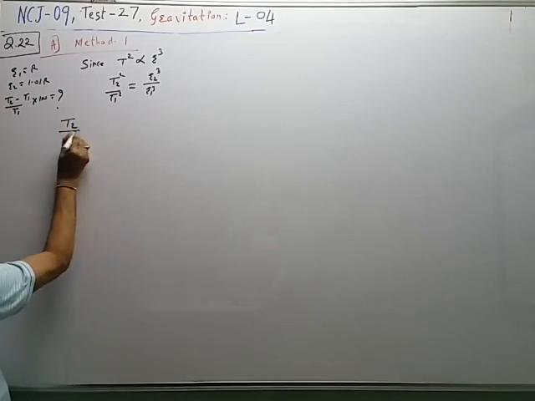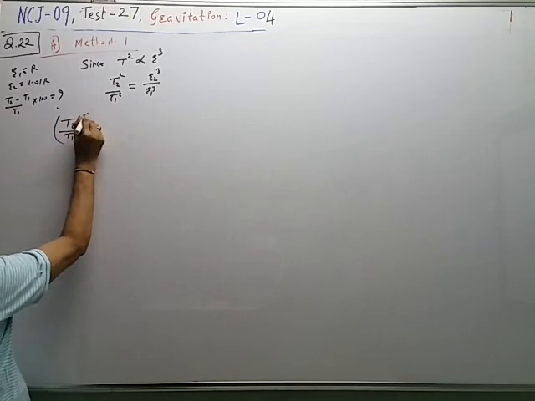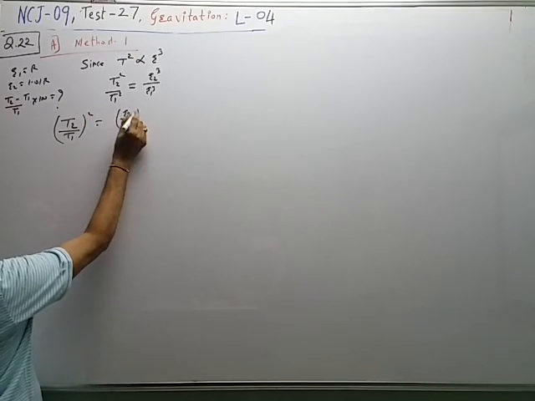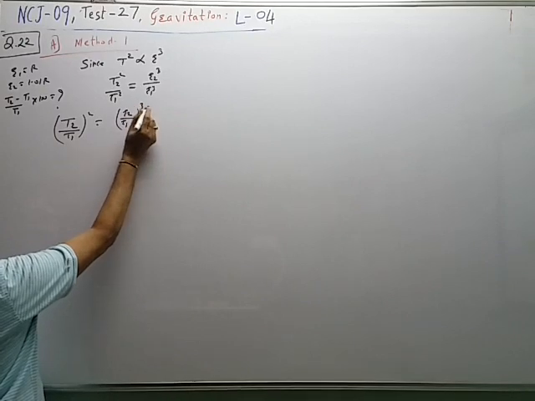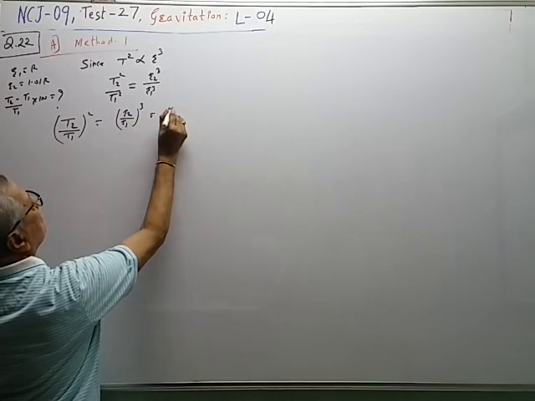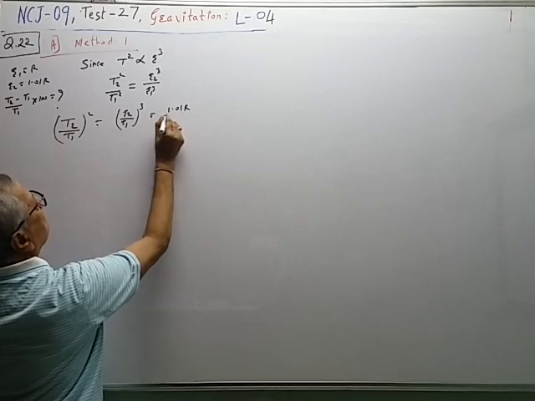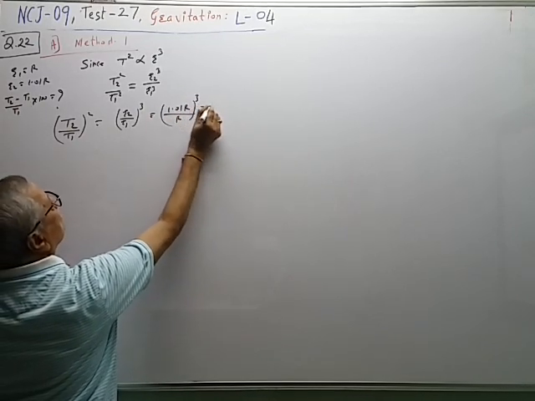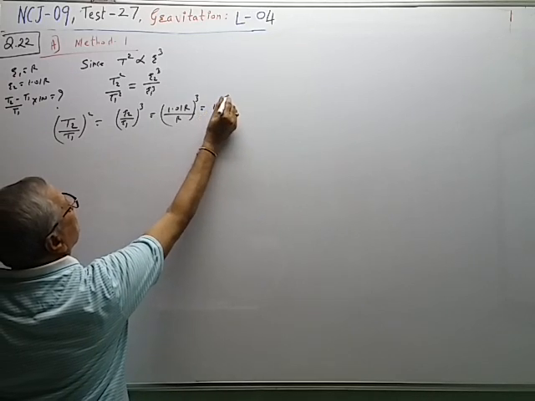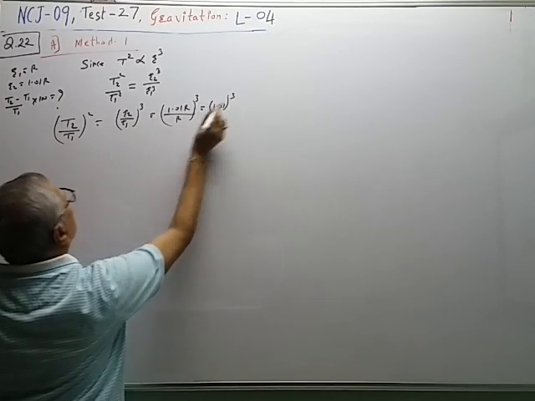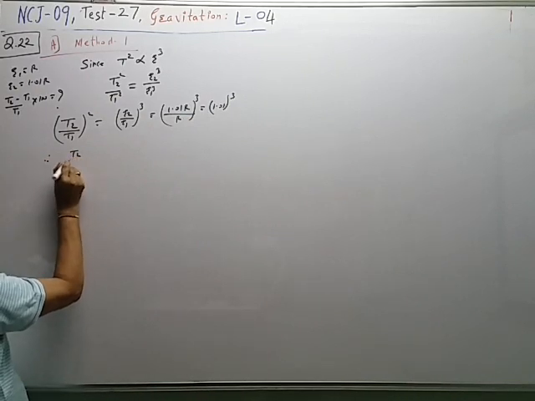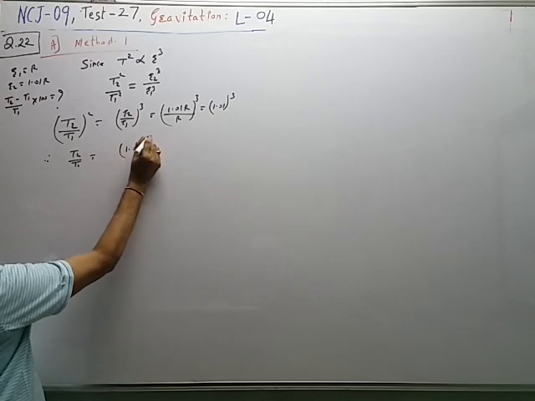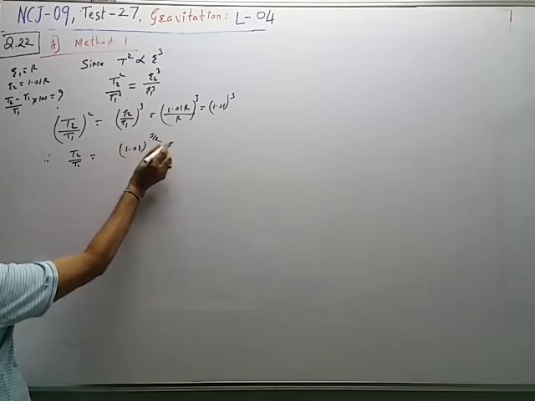Therefore T2 upon T1 whole bracket square is equal to R2 upon R1 bracket raised to 3, which is 1.01 R upon R bracket raised to 3, that is 1.01 bracket raised to 3. Therefore T2 upon T1 is equal to 1.01 bracket raised to 3 by 2.